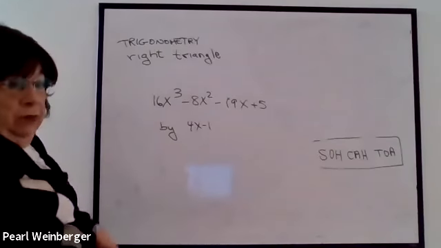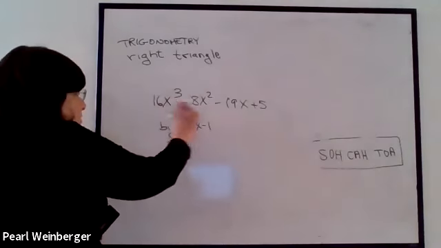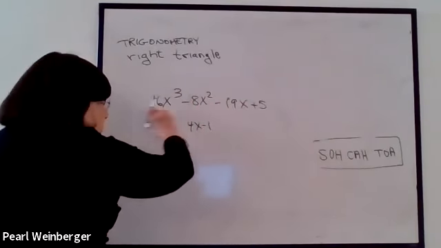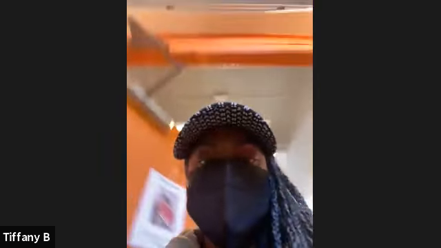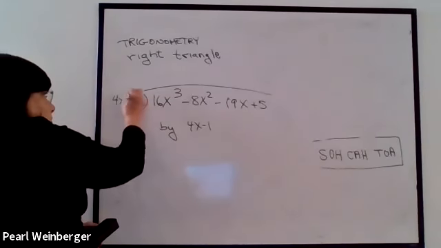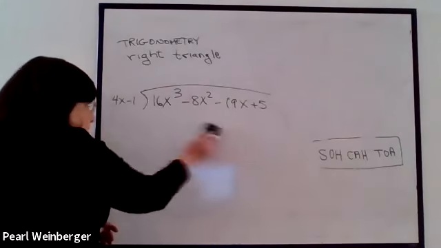So let's remember how we do long division. This has to be in descending order, which it is, and there's nothing missing. We put that on the inside, and we put our 4x minus 1 on the outside. We do it like long division.